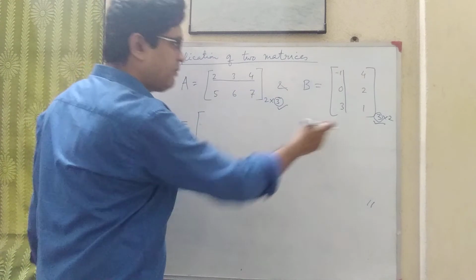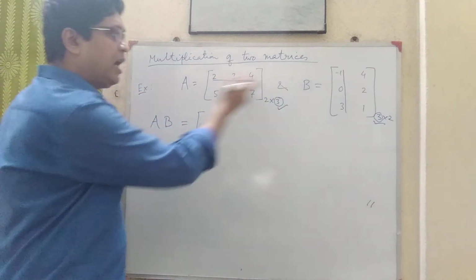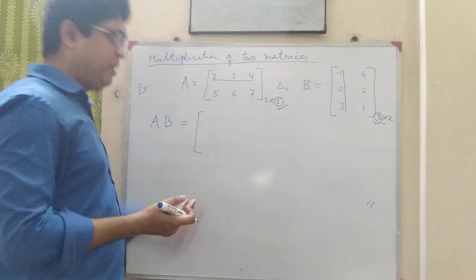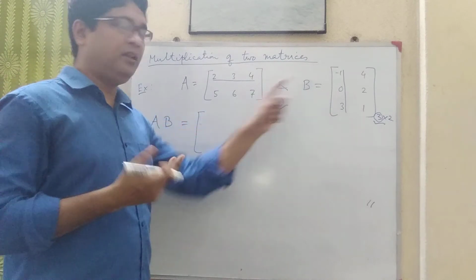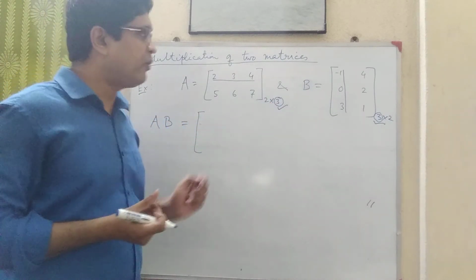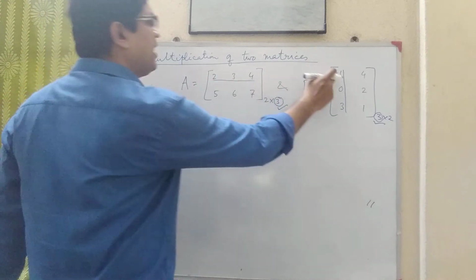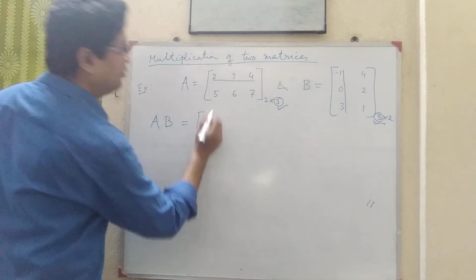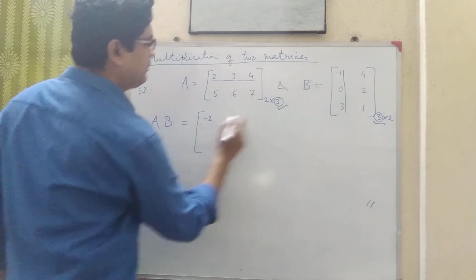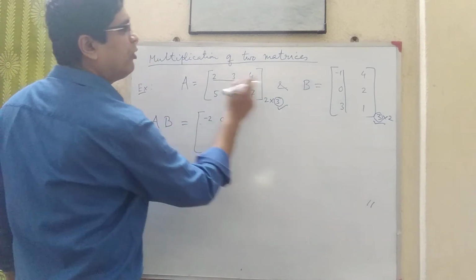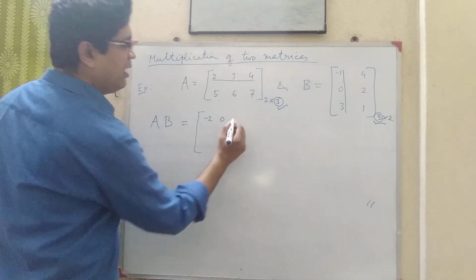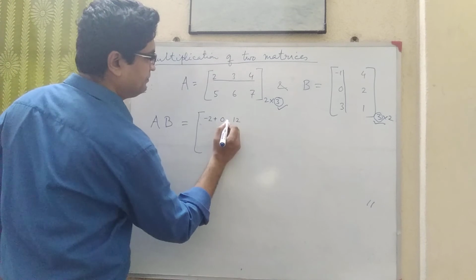minus 1, 0, 3 is the first column of the second matrix. When we are doing inner multiplication or inner product, you have to multiply the corresponding elements. 2 into minus 1, which is minus 2. Then 3 into 0, that means 0. Then 4 into 3, that means 12. And you have to add them.